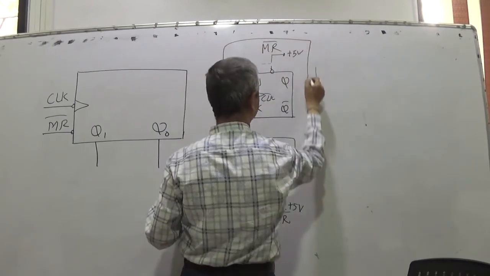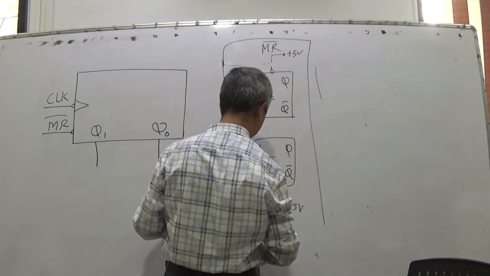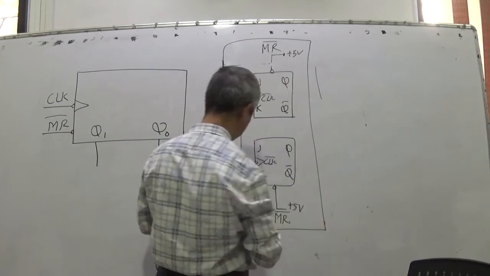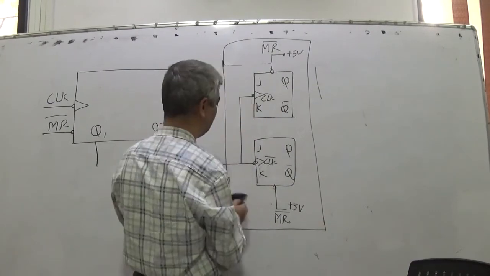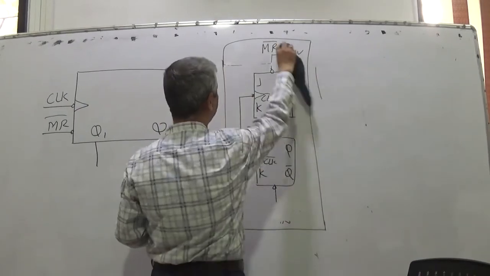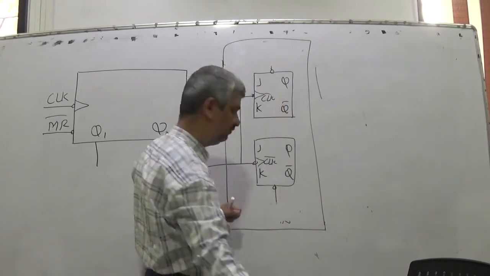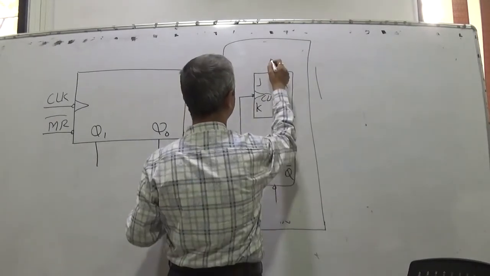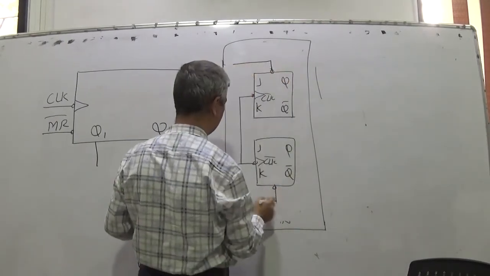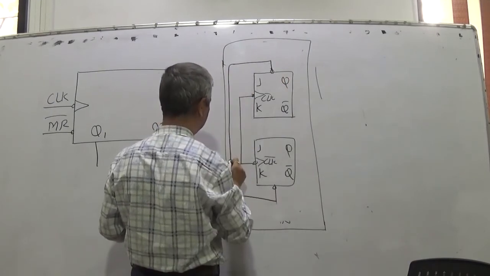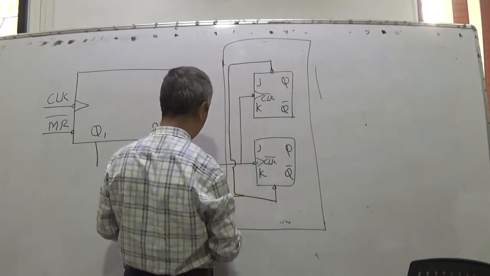Or to be very precise, master reset of all is also made common, and right now I am not using it, so that pin will come outside. So master reset of this and master reset of this, both I will make common, and that will come as master reset.